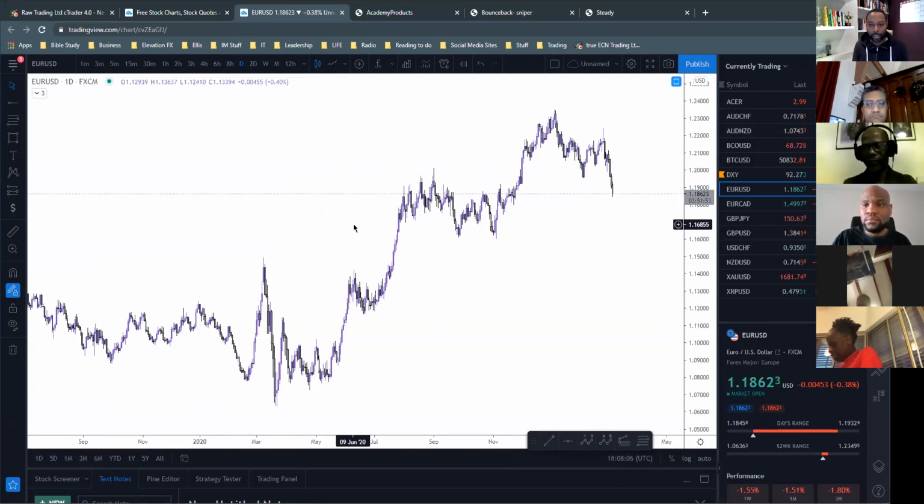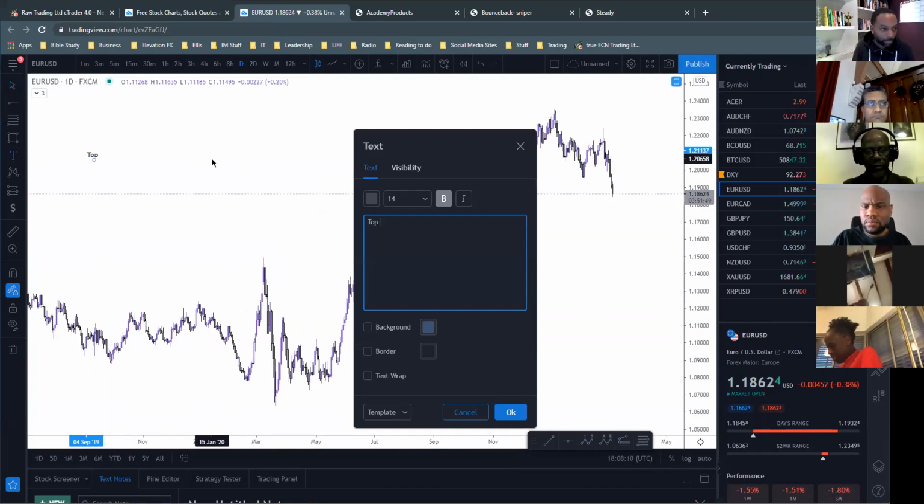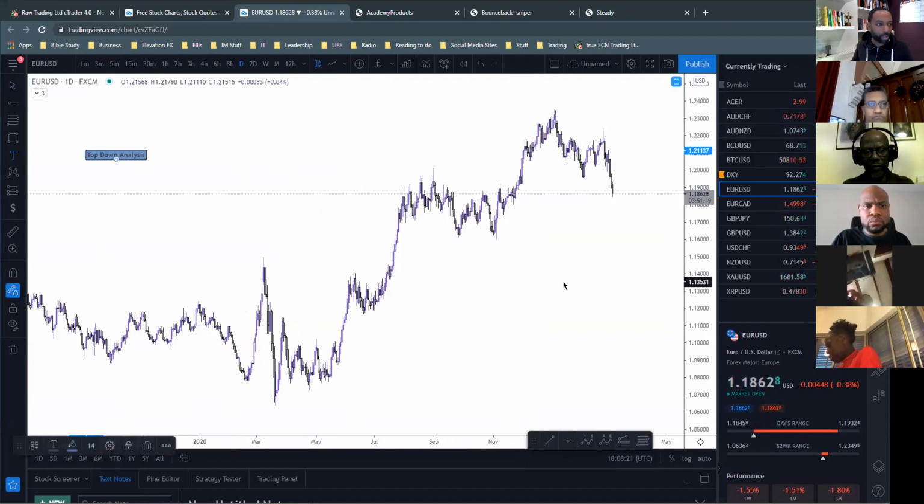So I'll say that again. We're going to do top-down analysis today. What we want to do is go from the widest possible time frame to the narrowest possible time frame to see if there are any potential trade setups.